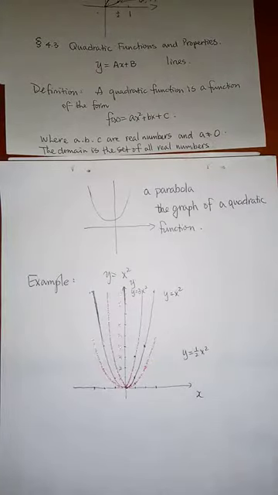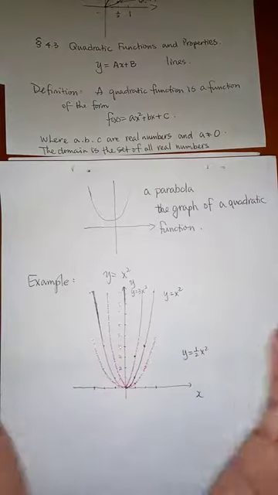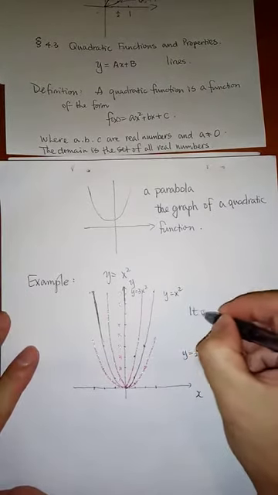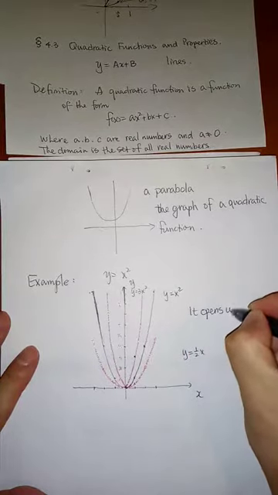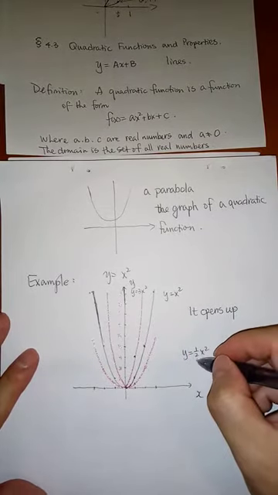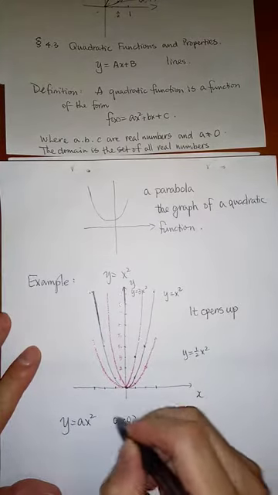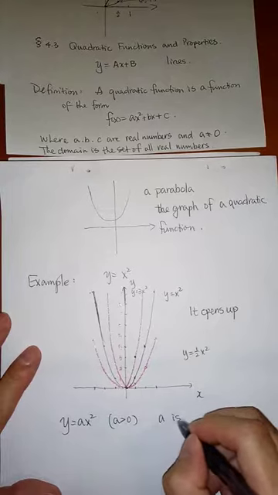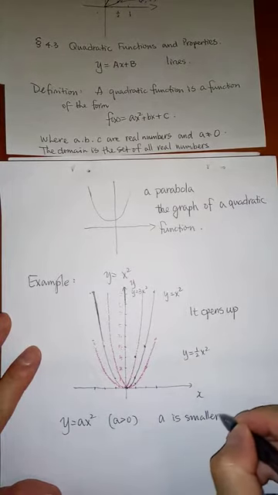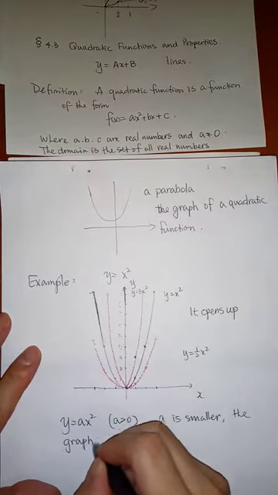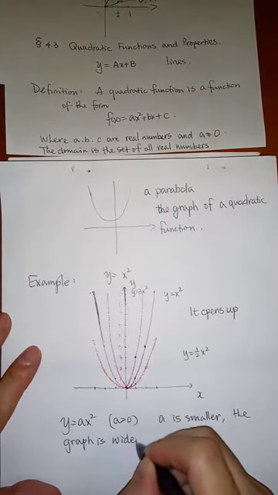Okay, so what is the property? They always open up. We call it opens up. If the coefficient is smaller, it's wider. So y equal to ax squared, here we say a positive. If a is smaller, the graph is wider.